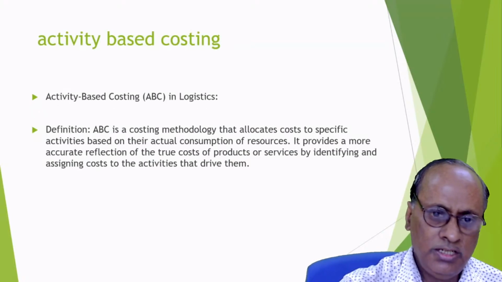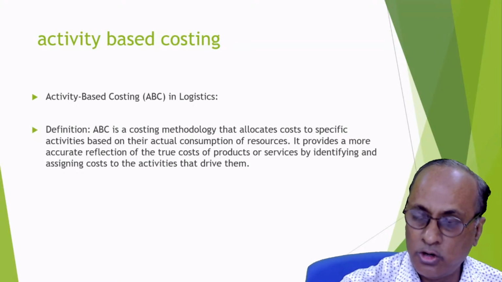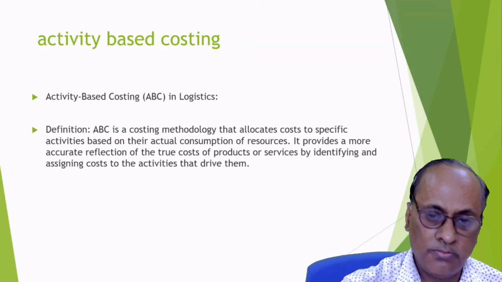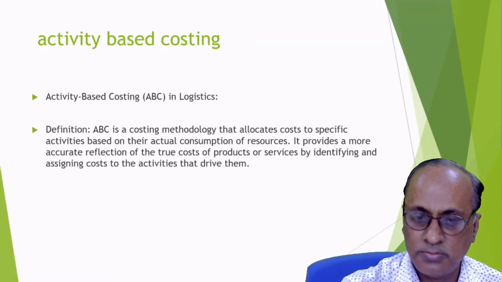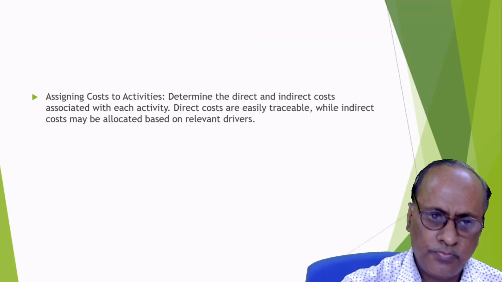So, ABC is a costing methodology where you allocate cost to specific activities based on their actual consumption of resources. It provides a more accurate reflection of the true cost of the product or services. Now, determine the direct and indirect cost associated with each activity. Direct cost is easily traceable, while indirect cost may be allocated based on relevant drivers.